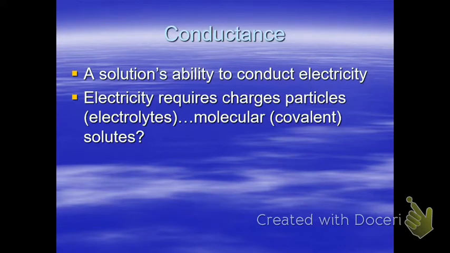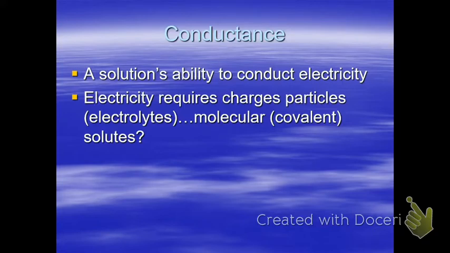Now that's great for solutions that include what are called electrolytes. Electrolytes just means charged particles created by creating a solution. But some solutions, particularly ones that have covalent or molecular solutes, don't have any charged particles. Think about it.